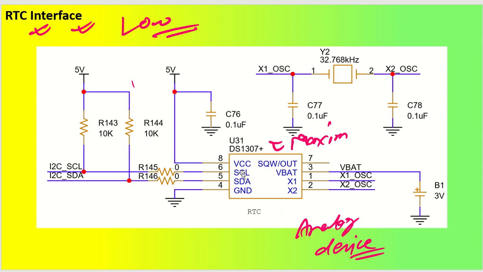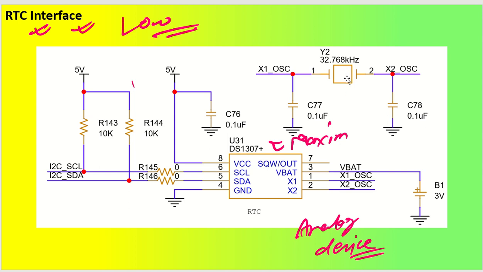So this RTC IC also has an I2C interface, which can be connected directly like this. Here it requires one low frequency oscillator, that is 32.768 kilohertz, and this particular part number is already given in our previous videos as well.